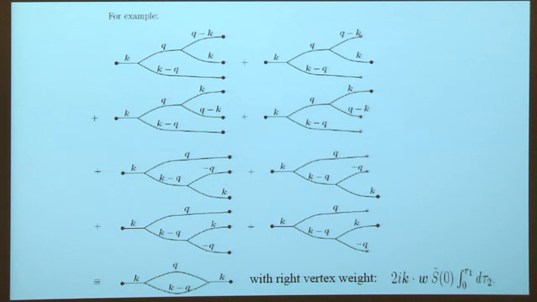Then you can use this to make contractions. For example, here you look for diagrams which have opposite values, like q minus k and k minus q, and you combine that with a diagram where you have q minus k acting upon a fluctuating current with k minus q.